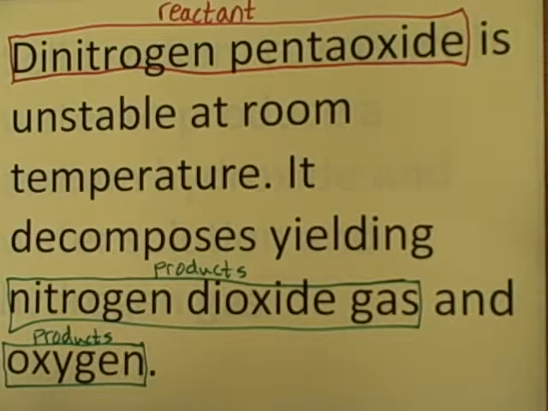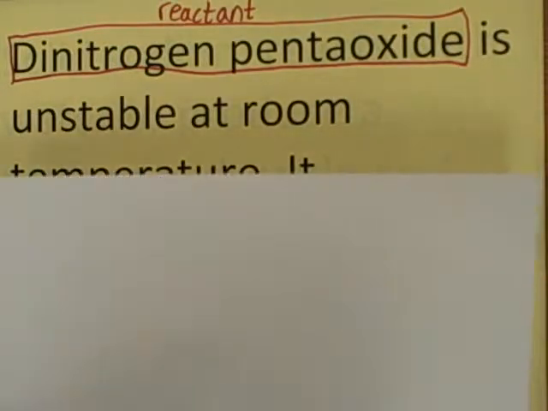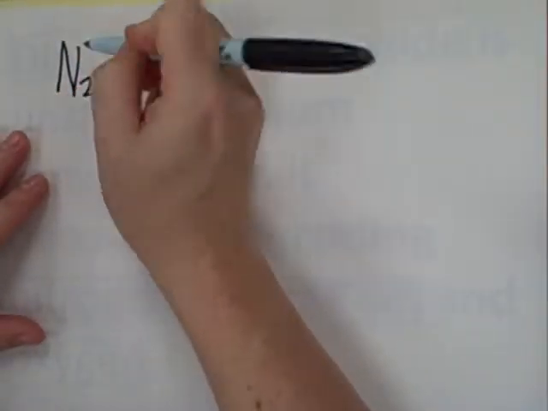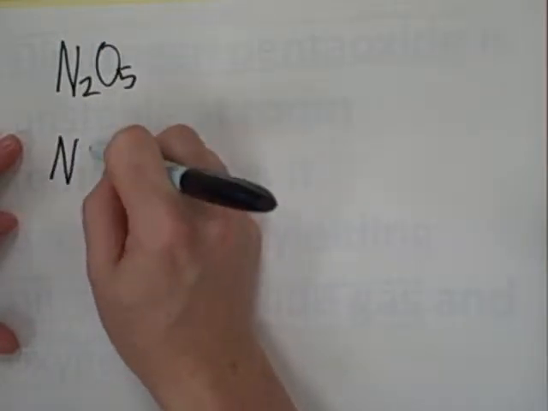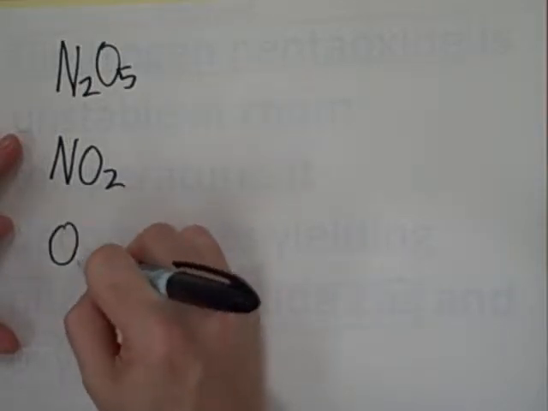So our reactant is dinitrogen pentoxide. Dinitrogen pentoxide is N2O5. Our products are nitrogen dioxide gas, NO2, and oxygen, O2.